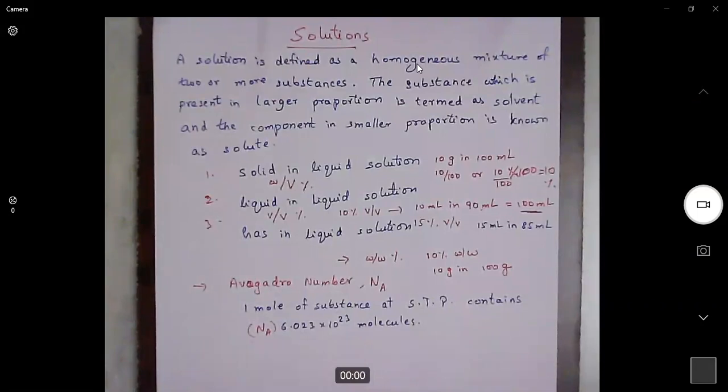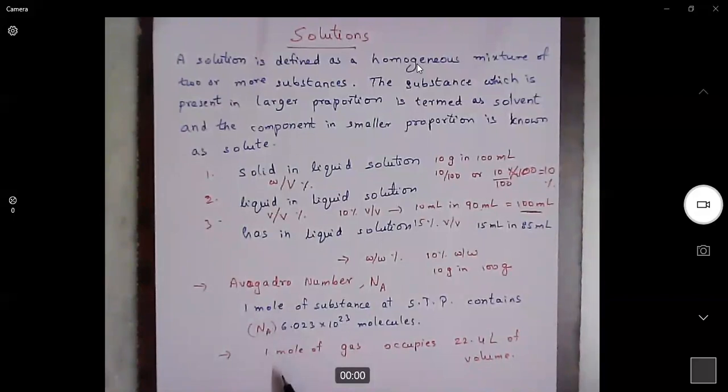Now we can also have gaseous substances. At STP, 1 mole of gas occupies 22.4 liters of volume. In order to explain the concentrations, we use the mole concept.